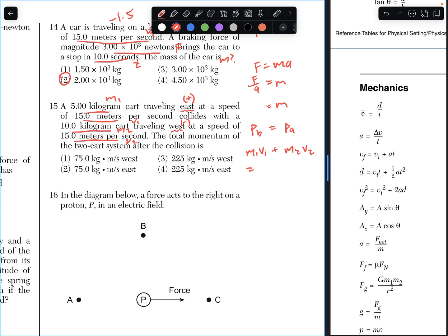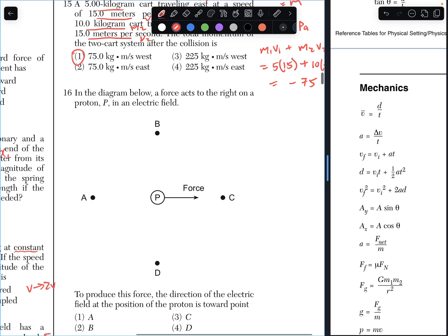So I'm going to do 5 times positive 15 plus 10 times negative 15. Notice how I made the west negative, because that's what I set it as, and gotta be consistent now. So this would be negative 75, and we set negative to be west, so the answer is choice 1, 75 kilograms times meters per second west.